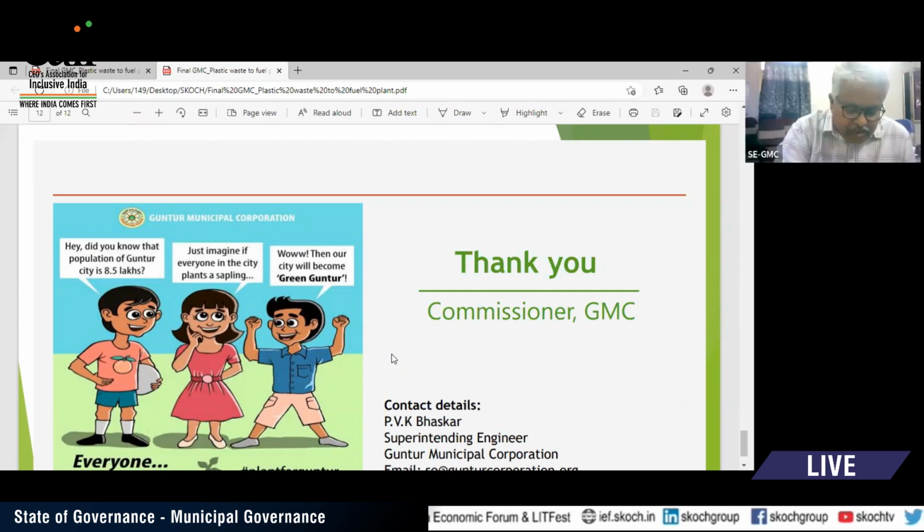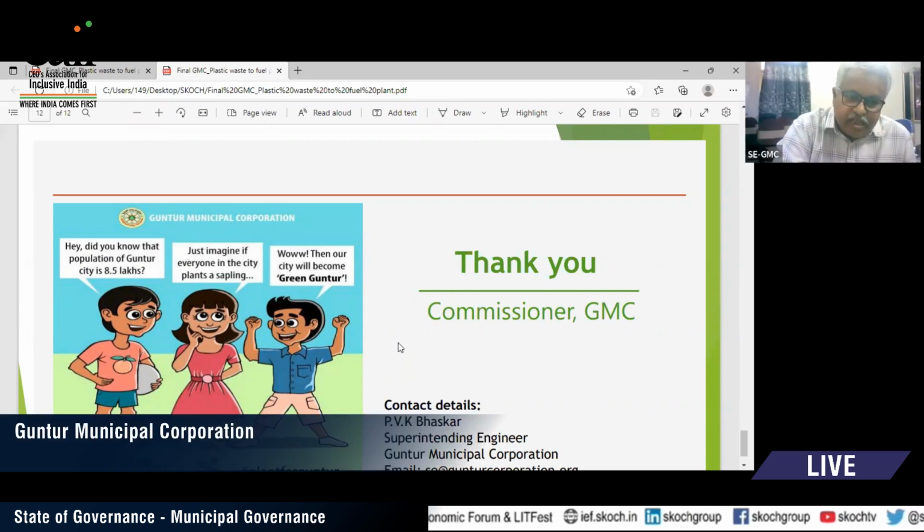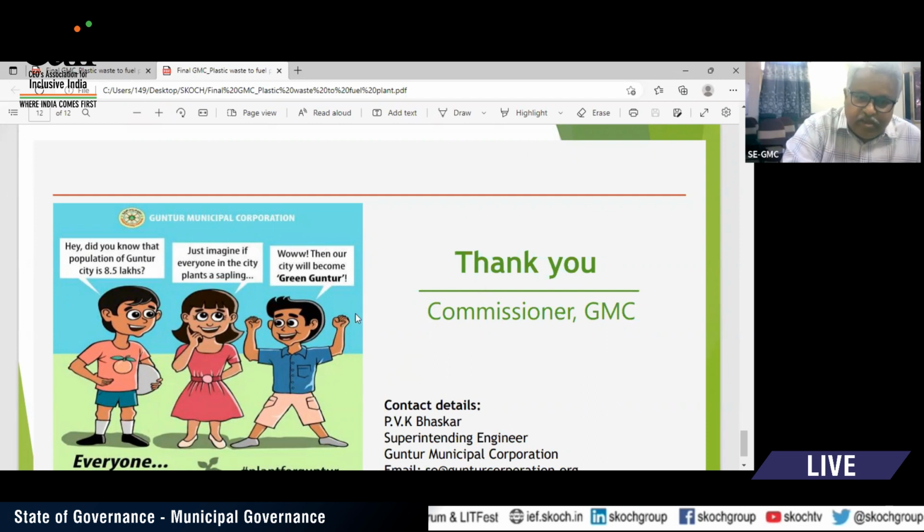Sir, initially we struggled to get the raw material for this plant running, sir. After awareness of our sanitation workers, we started getting the plastic. Normally carry bags will not be useful for this process, sir. You have to get HDPE, LDPE, PP only.